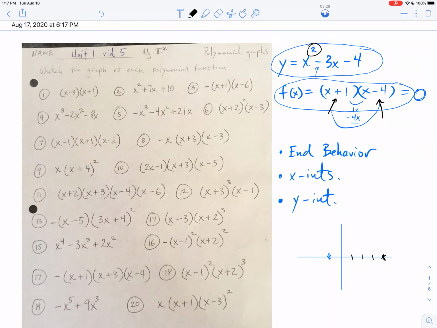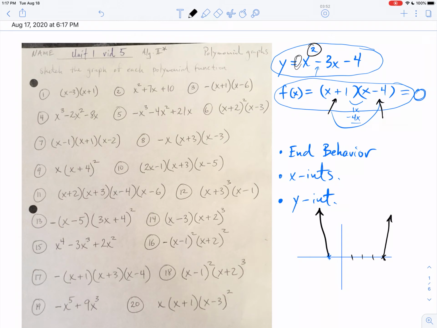It happens to be an even-powered function. Now, even-powered functions will go either up on the right, up on the left, or down on the right, down on the left. This function does not happen to have a negative here, so it's going to go up on both sides.